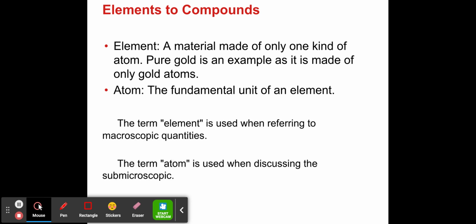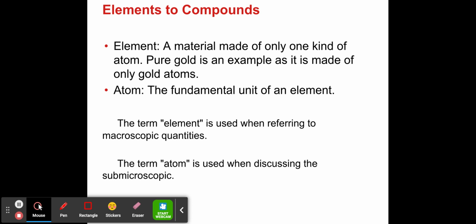Okay. So the term element is used when referring to microscopic quantities, which means very small particles. And the term atom is used when we are discussing submicroscopic, which means even smaller, because with a microscope you can actually see microscopic quantities.